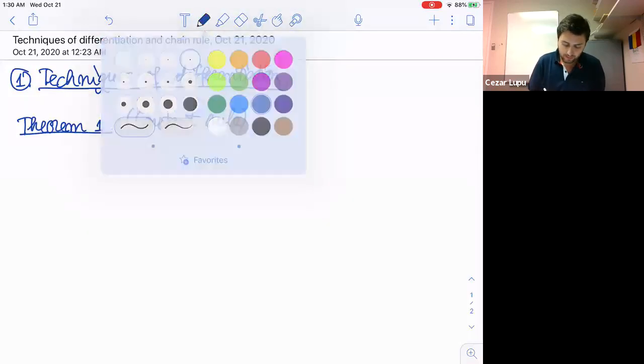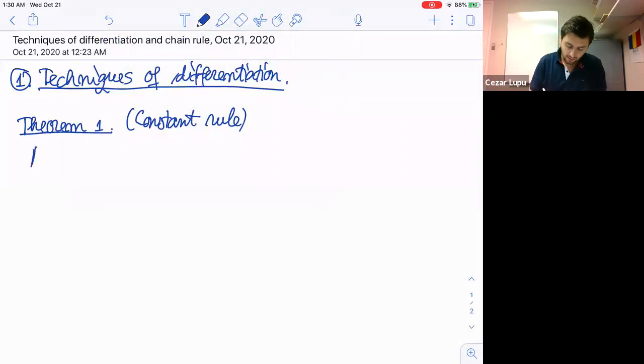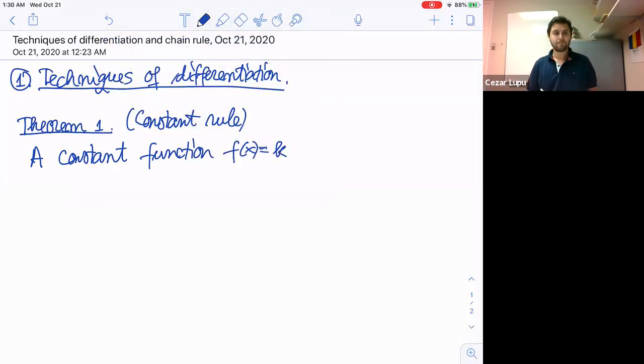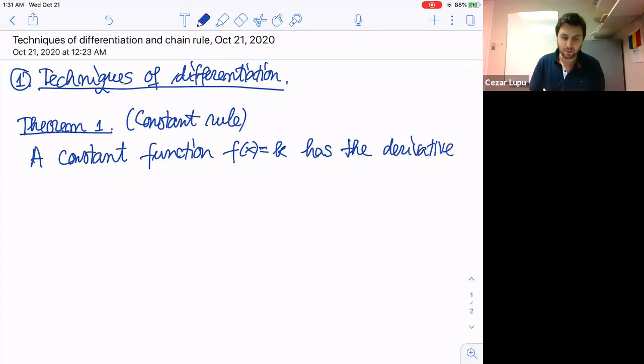Basically this says that a constant function, let's just say f of x equals k, has the derivative f prime of x equals 0. So the derivative of the constant function will be 0.